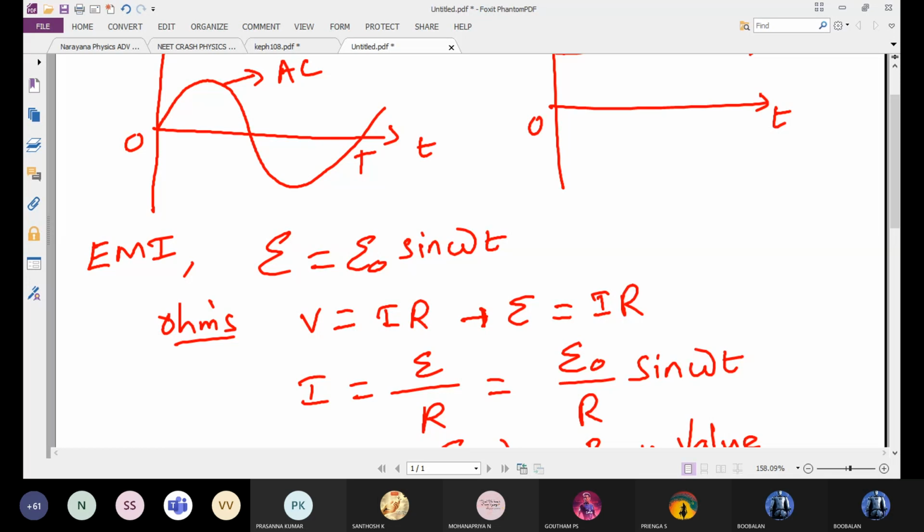Time period T equals the angular displacement in a complete cycle divided by the angular velocity. This is related to class 11th chapters on waves and oscillations, chapters 14 and 15.